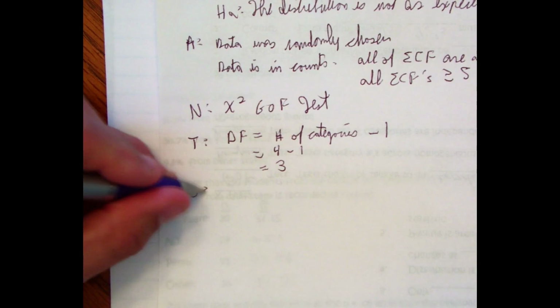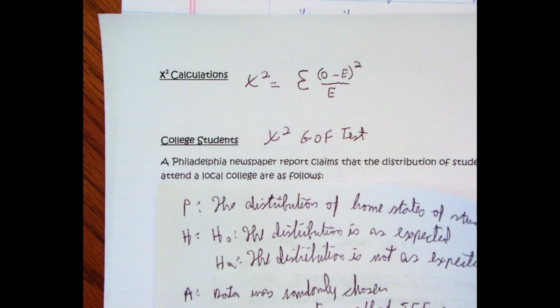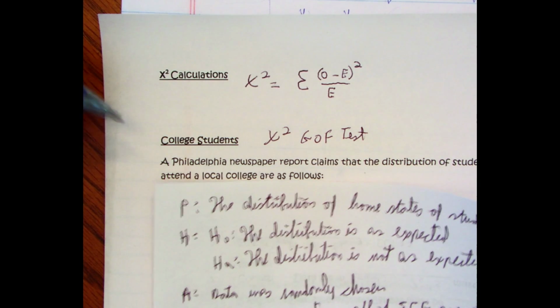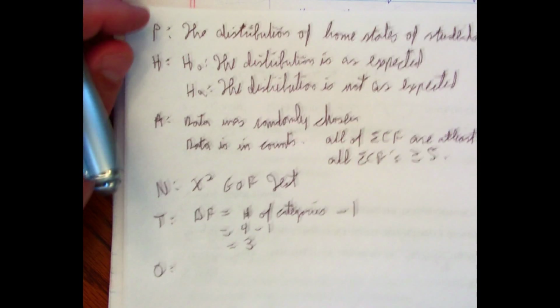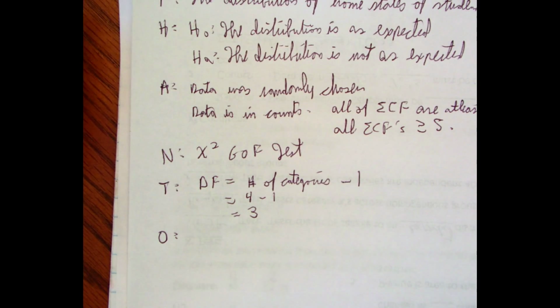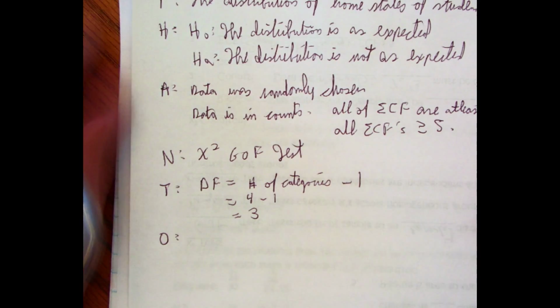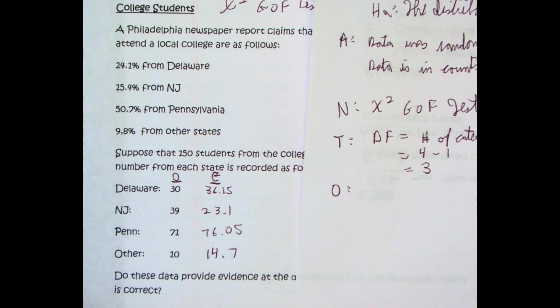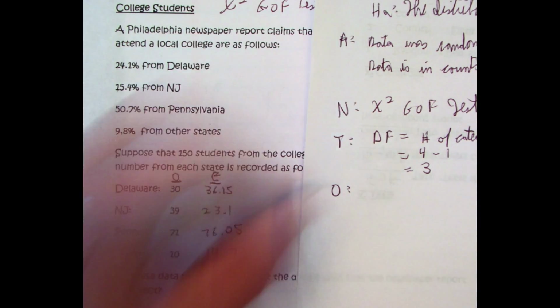Now we've got to obtain the p-value. So we go back to this whole calculation up here, right? This chi-squared is the sum of observed minus expected squared over expected. Let me show you what this would look like. Here are our observed values, and here are our expected values. So we take each of those.